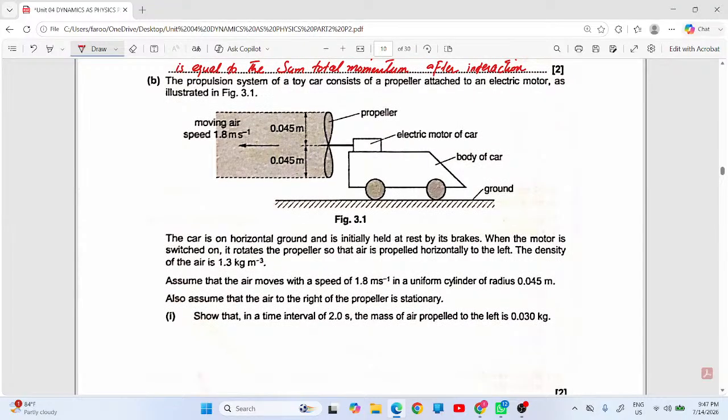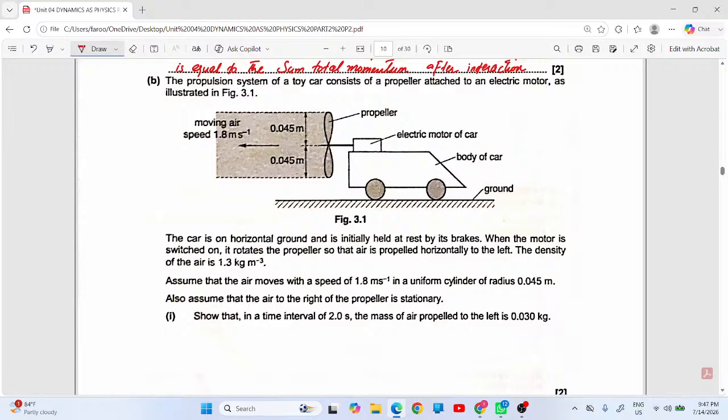The propulsion system of a toy car consists of a propeller attached to an electric motor as illustrated in Fig 3.1. The car is on a horizontal ground and is initially held at rest by its brakes. When the motor is switched on, it rotates the propeller so that the air is propelled horizontally to the left. The density of the air is 1.3 kg per cubic meter.